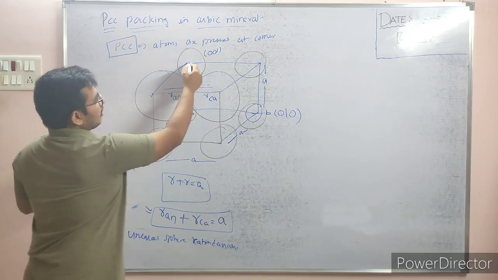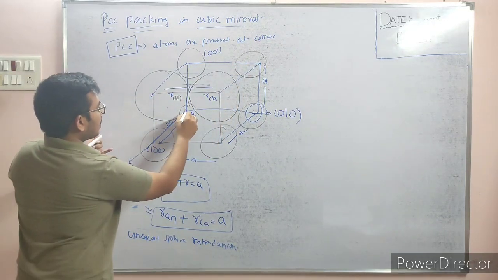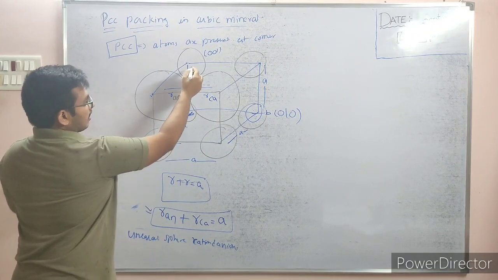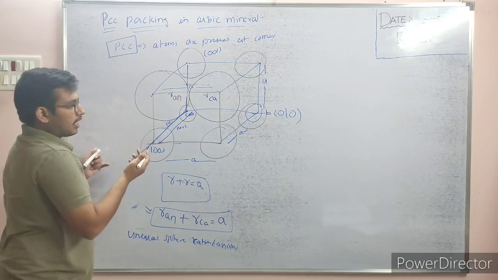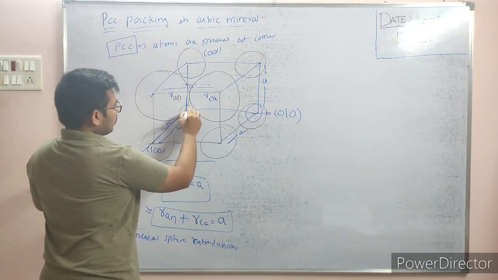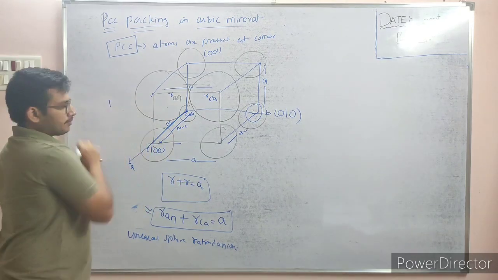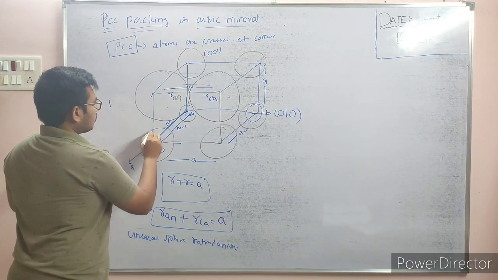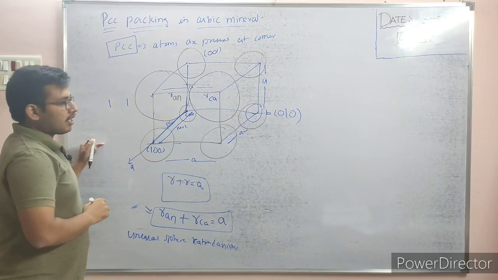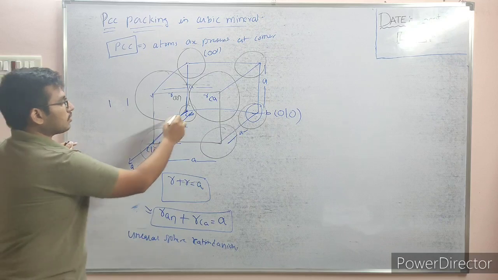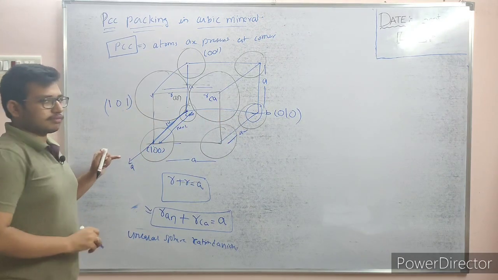The simplest way is 2 times, not 3 times. So this traveled along a 1 unit length, so 1, and along c 1 unit length, so c is 1, and b is 0 because it is not traveled in the b direction, so we put 1 0 1.